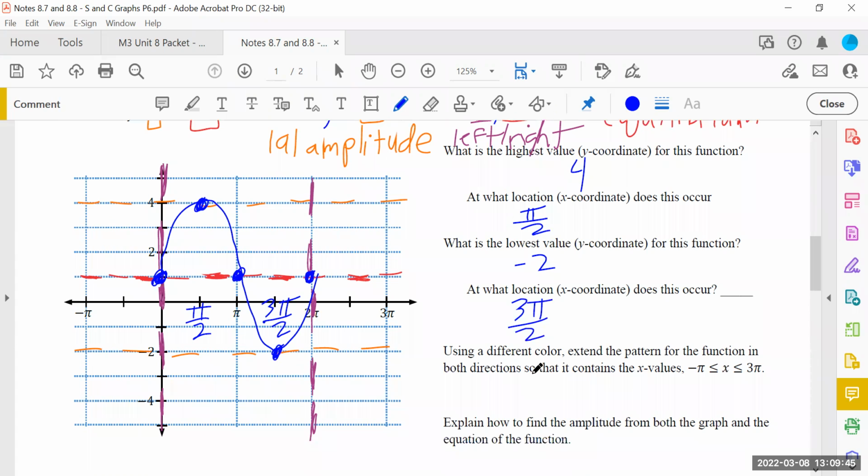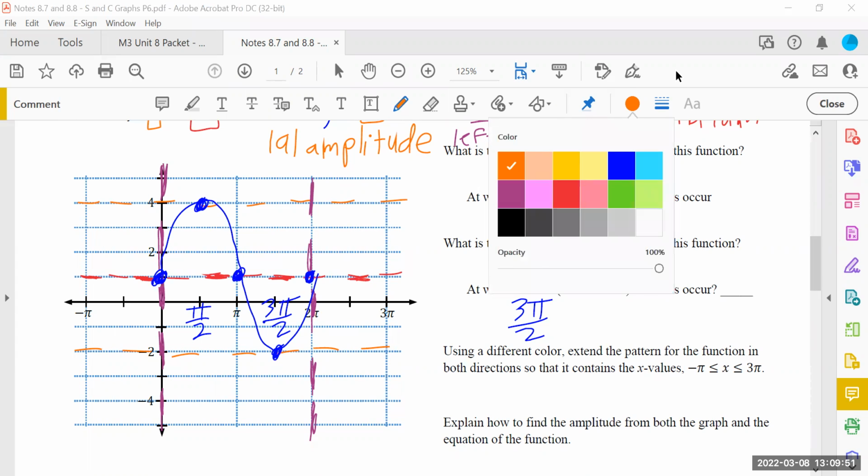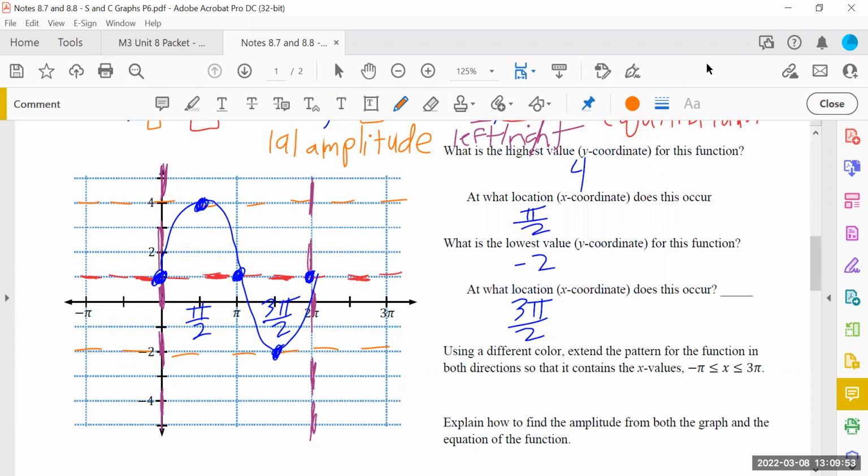Now they want us to extend the graph because it keeps going. It doesn't stop. This was one repetition, but we want it to keep going. So again, continuing the pattern up to the top, back down. Over here, it's going to continue the pattern down and then back up.